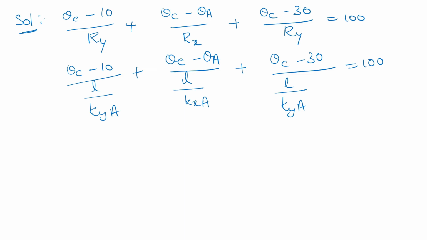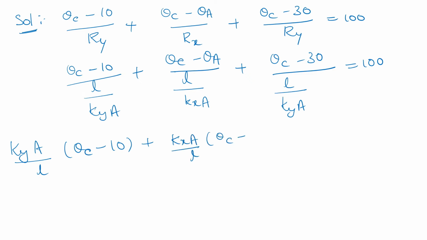Now this can be written as KyA by L of (theta C minus 10) plus KxA by L of (theta C minus theta A) plus KyA by L of (theta C minus 30) is equal to 100.